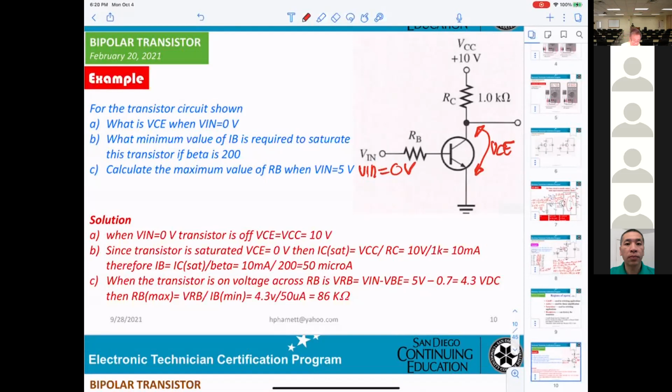You understand that will be the collector, that will be the emitter, and that will be the base. VCE is from the collector to the emitter. What does that voltage equal?